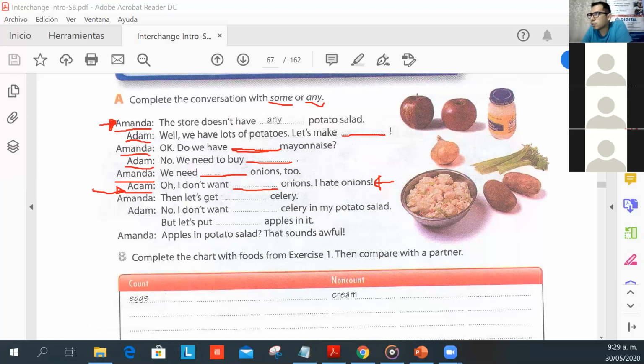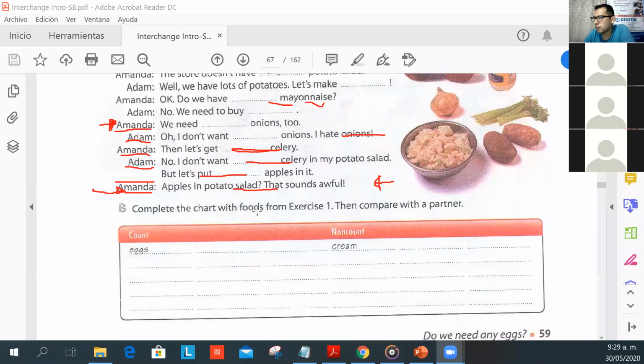Okay, I'll give you some time to complete the whole exercise, and then we continue reading, okay?